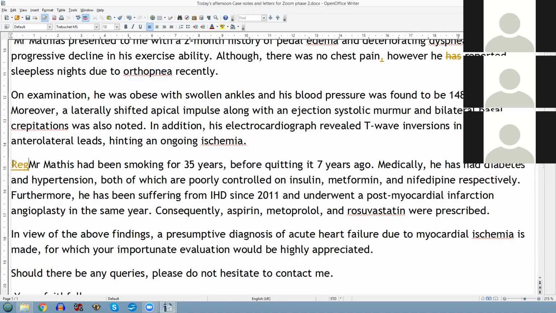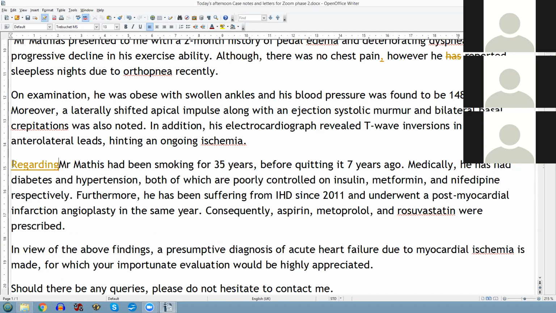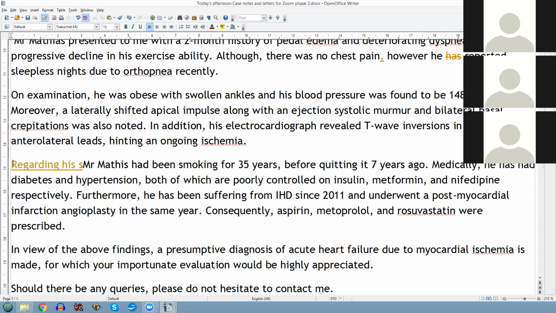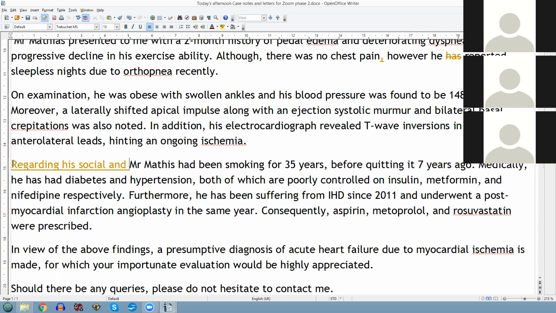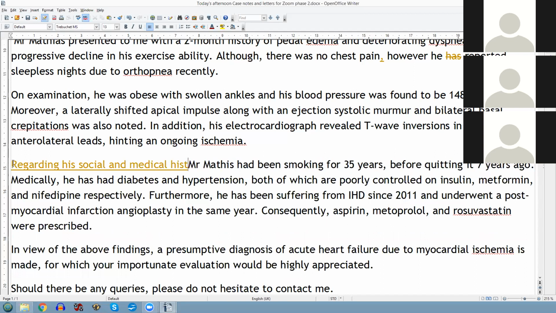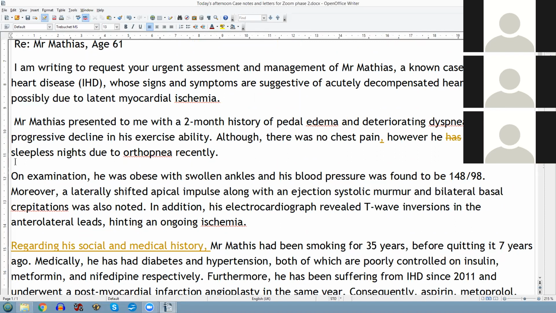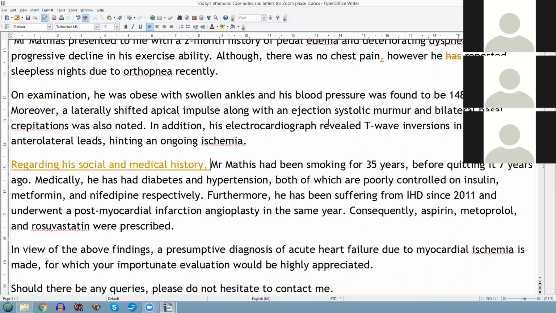So this is a good expression that you can use, or regarding his social and medical history. That's always a good expression. And again, it helps to signpost and mark out the different sections of the letter. Yeah. So Mr. Mateus had been smoking.